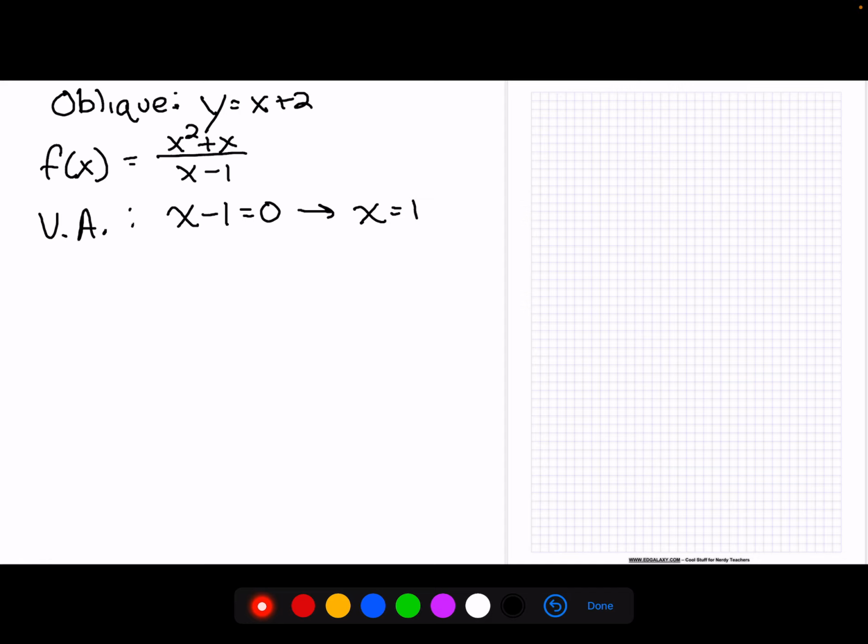I can find my x-intercepts and my y-intercepts, and that'll help me a bit. Remember, with x-intercepts, you plug in 0 for y. In order for a fraction to equal 0, we just need the top to equal 0.